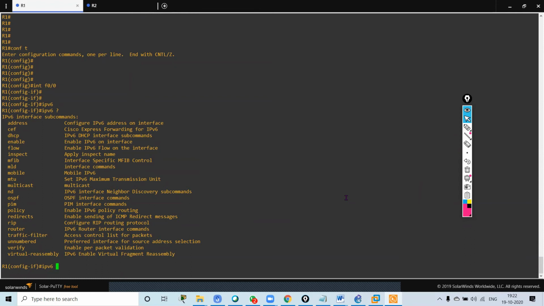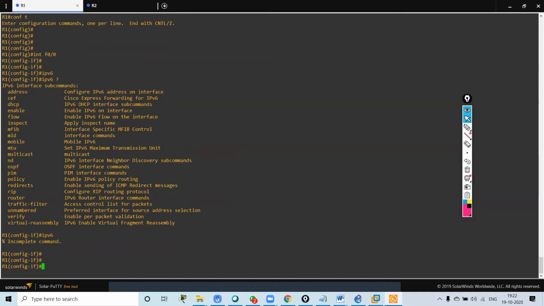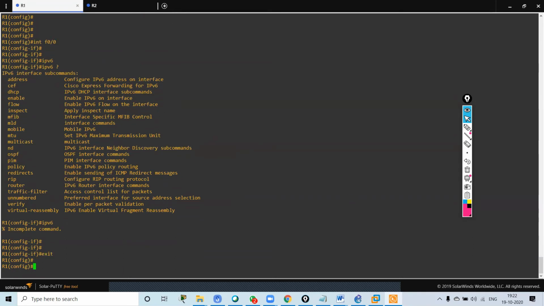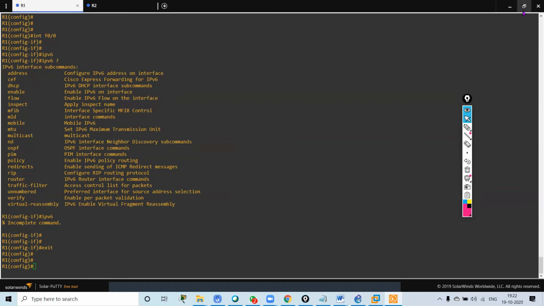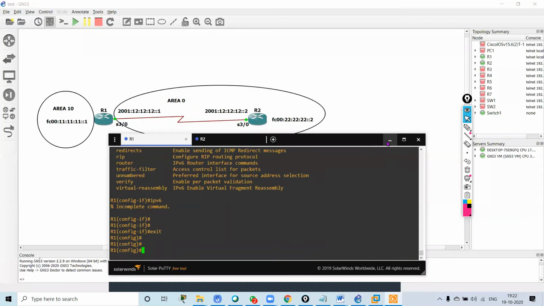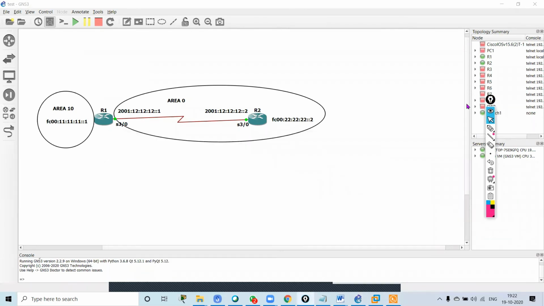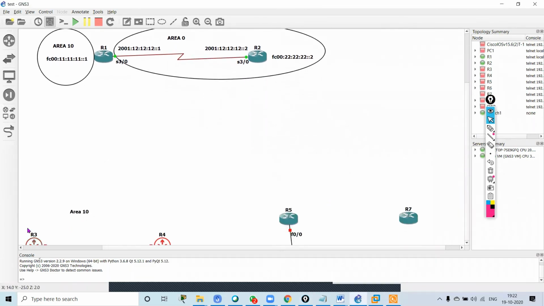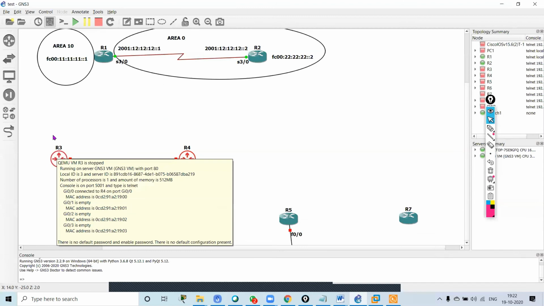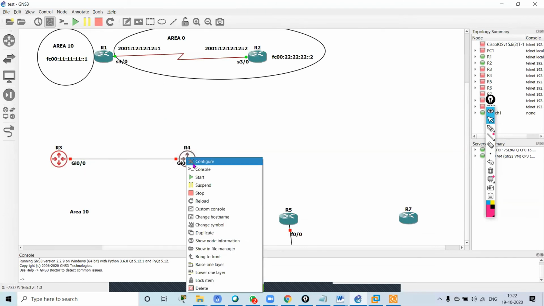Here I cannot show you EIGRP. We are not having EIGRP in our syllabus. We were having some time, so I was just trying to show you. I can show you EIGRP as well. Let me take these two routers over here. They will have the option of EIGRP.